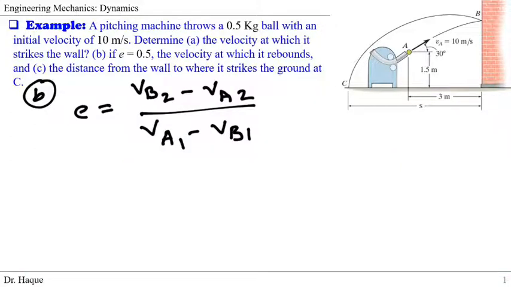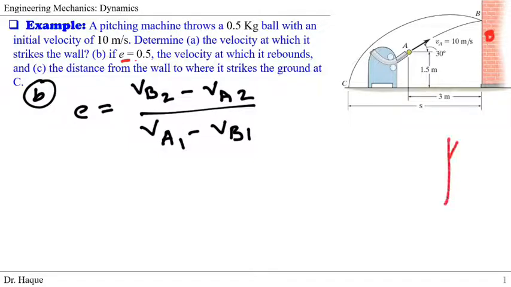In part B, we have to find the rebound velocity. Since the coefficient of restitution is given, I just went back in your textbook and wrote the equation: VB2 minus VA2, over VA1 minus VB1. What does it mean?